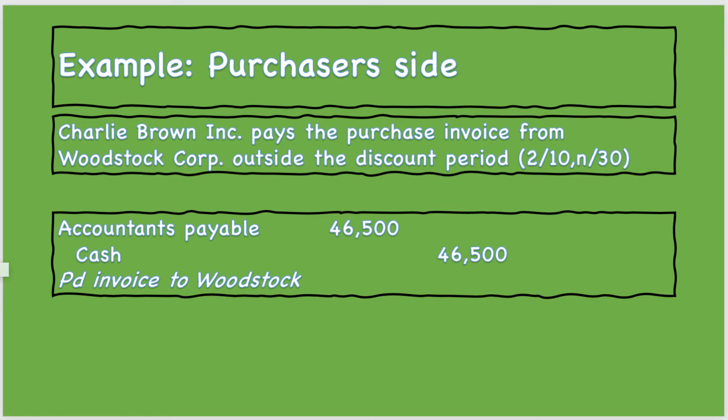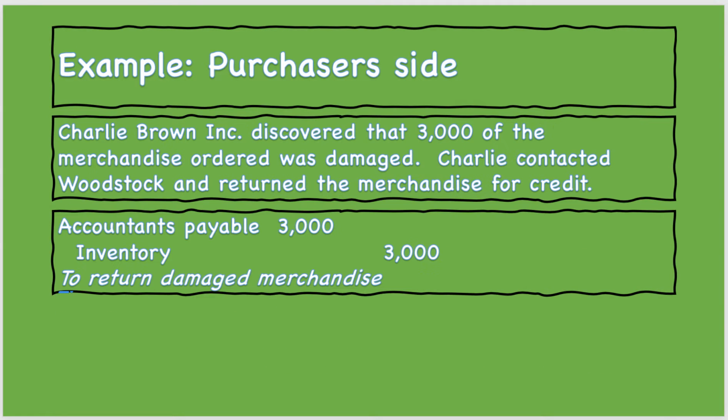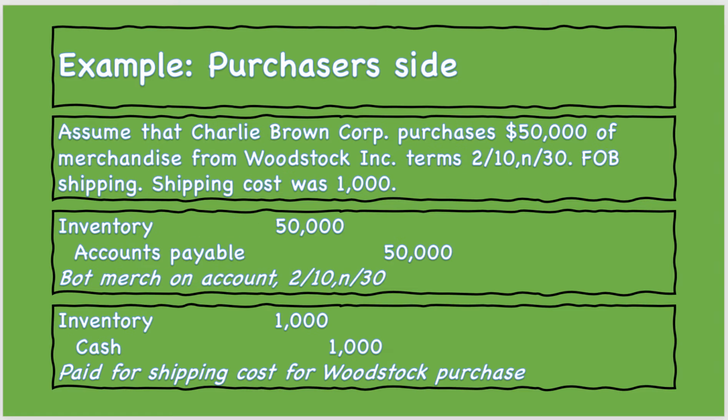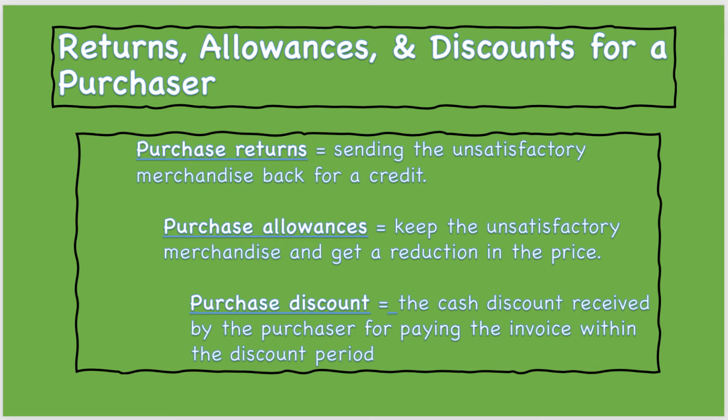Now, if I were you and I was studying this and I had to learn this, I would go back and I would turn a number of these slides into note cards, right? I would definitely make sure that I knew what purchase returns, purchase allowances, and purchase discounts were.